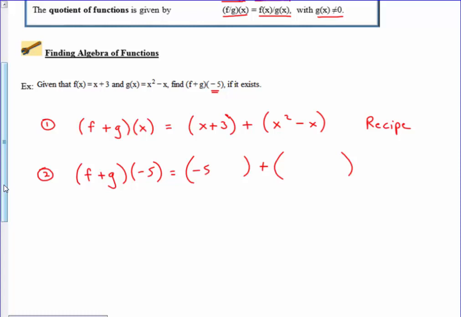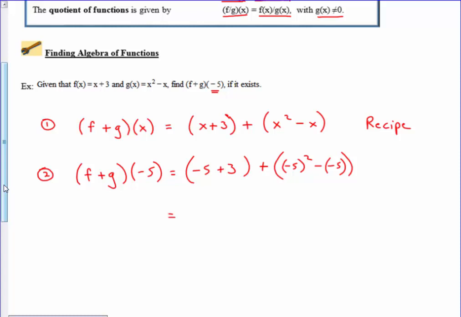So I would have -5 plus 3, and then over here I would have (-5) squared minus (-5). Notice the additional use of more parentheses because I'm plugging a negative value in and squaring it, and also have an additional negative sign. So I've used plenty of parentheses so that all my operations work like they should.